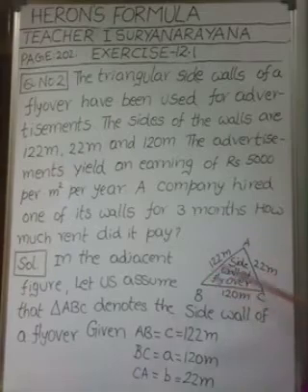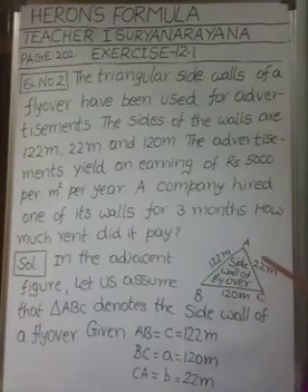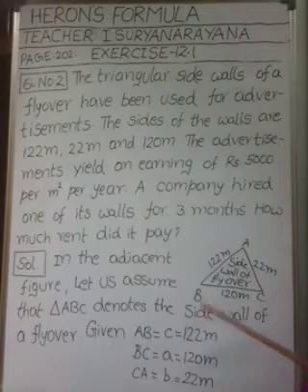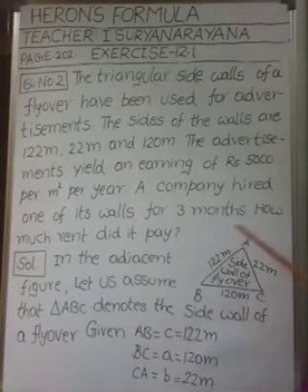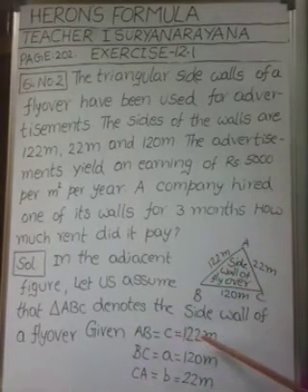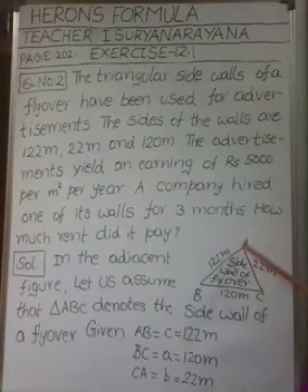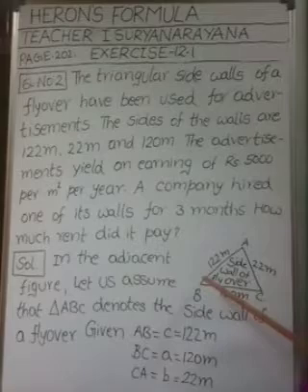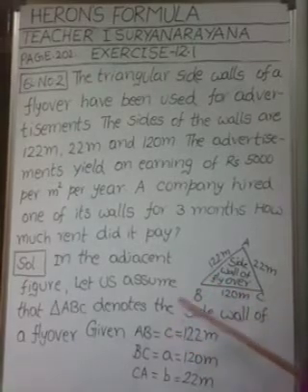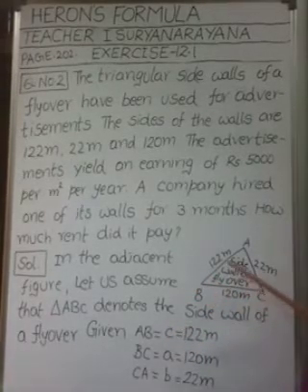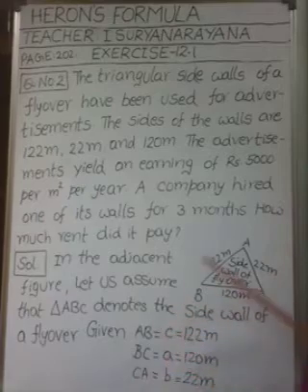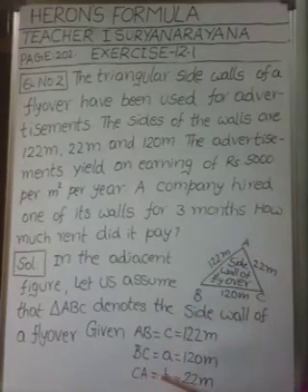And what is the given data here? AB length is 122 meters. In general, in a triangle ABC, the side AB is denoted by small letter c, the side BC is denoted by small letter a, and the side CA is denoted by small letter b.